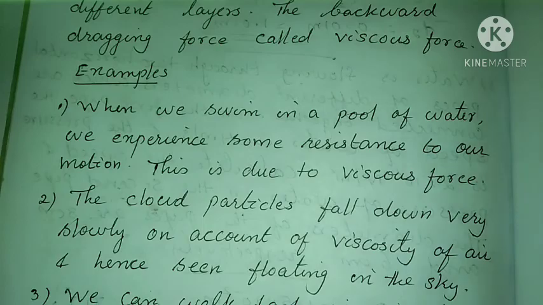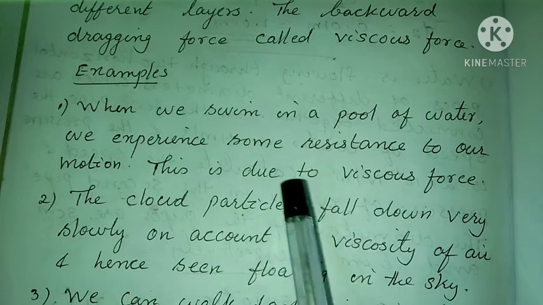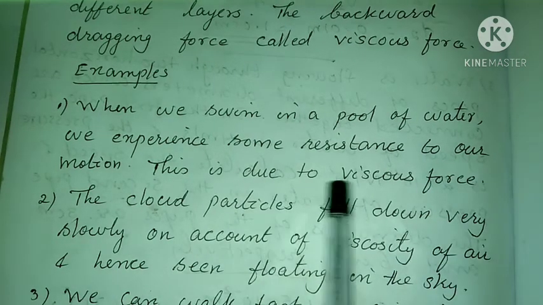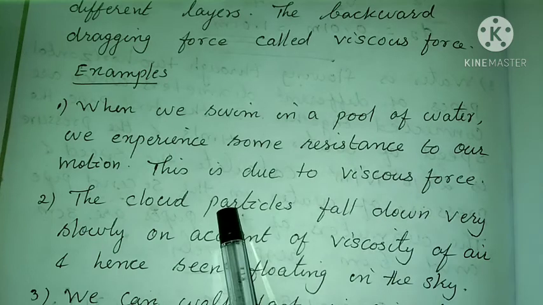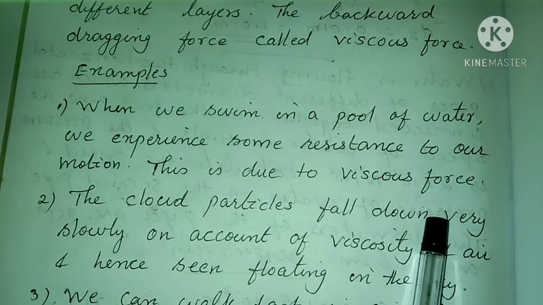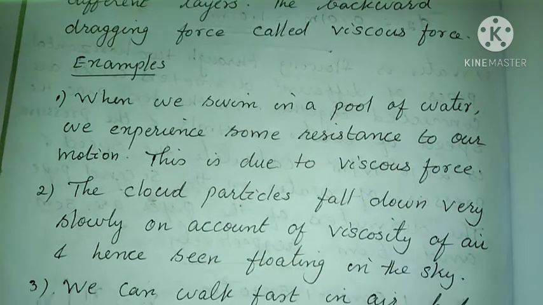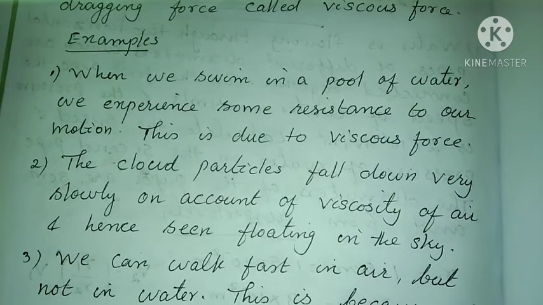What are the examples of viscosity? When we swim in a pool of water, we experience some resistance to our motion. This is due to viscous force. Second example, the cloud particles fall down very slowly on account of the viscosity of air and hence they can be seen floating in the sky.